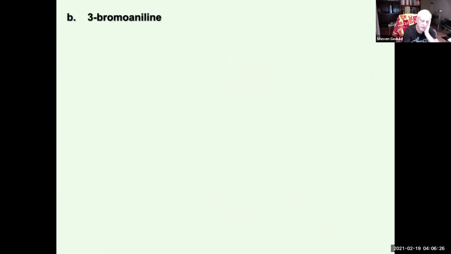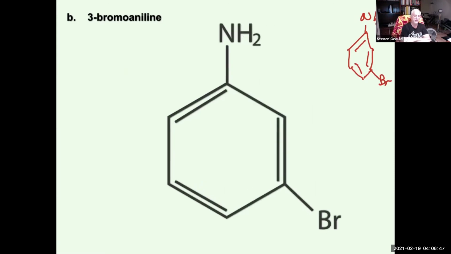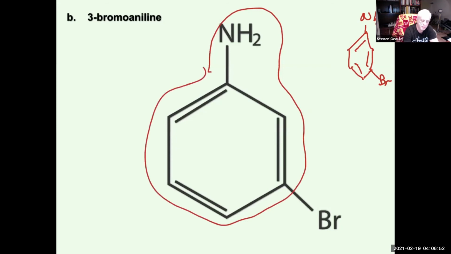3-bromoaniline. Aniline is NH2. There's aniline. Then at number 3, there's a bromine attached to it. So 1, 2, that's number 3. Again, this is the structure of aniline here, a benzene ring with an NH2 group attached to the top.